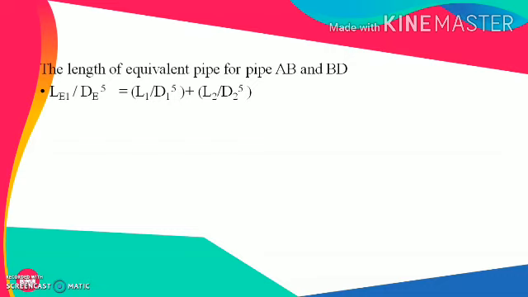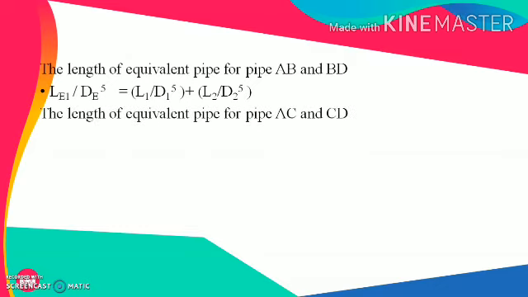This particular equation we have learned in our previous session when we understood how to replace the pipes placed in series by one equivalent pipe. So the segments AB and BD, which are placed in series, will be replaced by a pipe which will have a length equal to LE1 while its equivalent diameter is going to be DE.